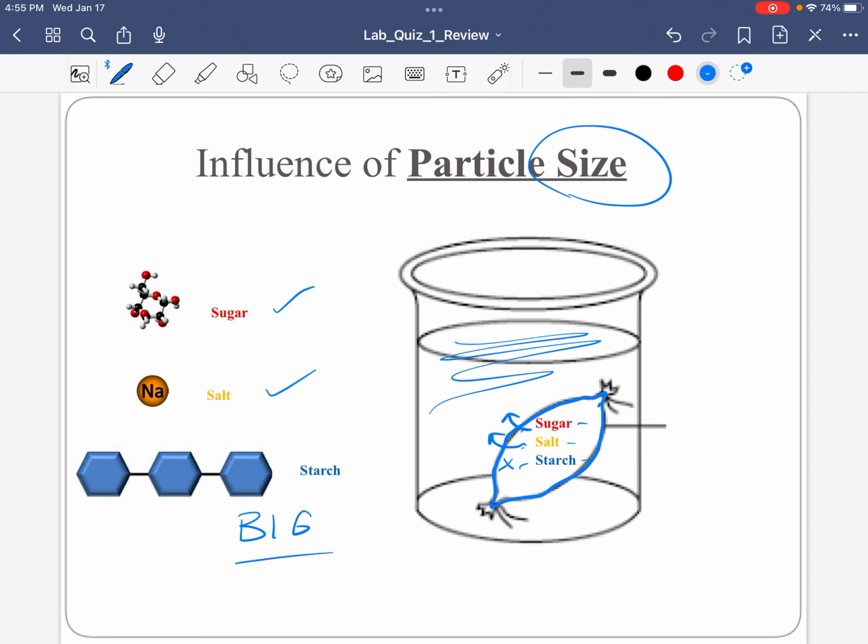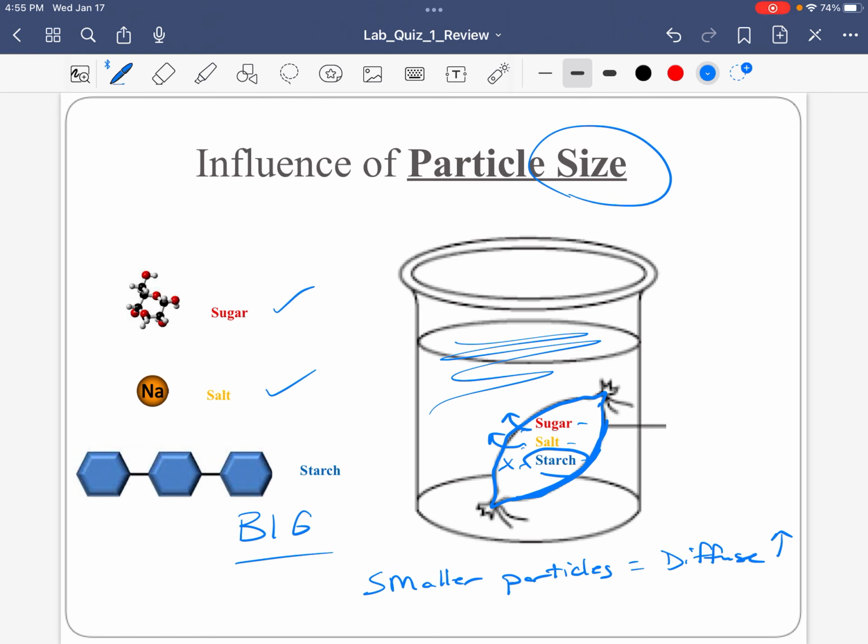Why? It's too big. So even though that dialysis tubing bag is semi-permeable, this is too big. It just couldn't fit. So this is what I said before, smaller particles tend to diffuse more because they're more likely to fit through the semi-permeable membrane.